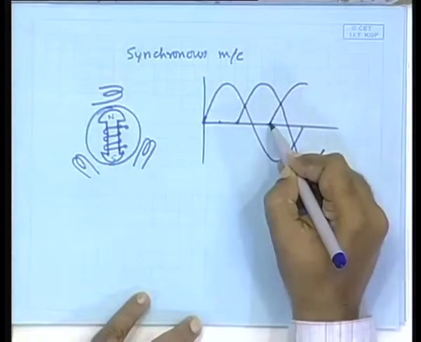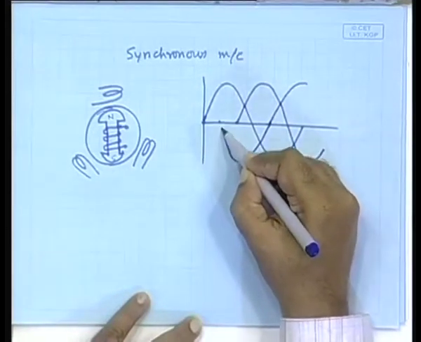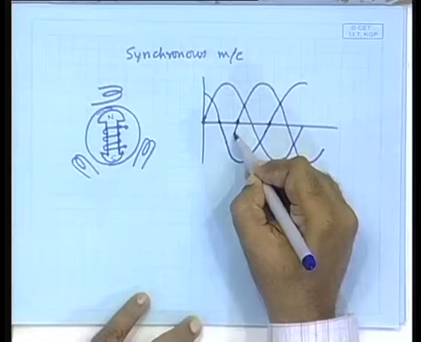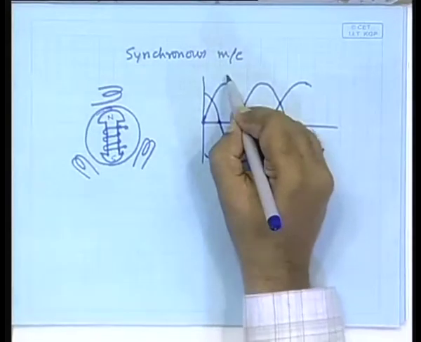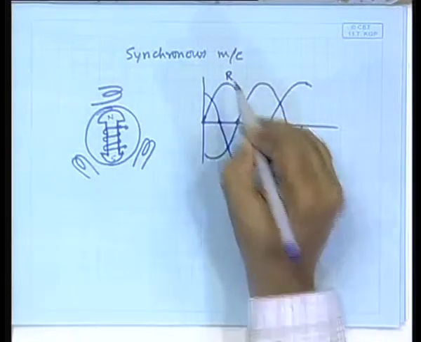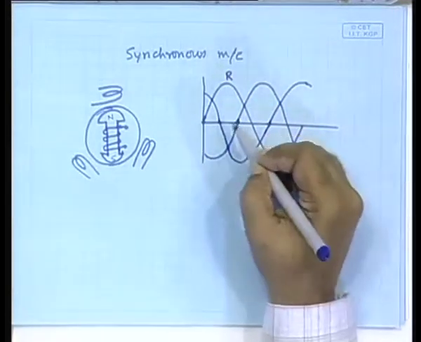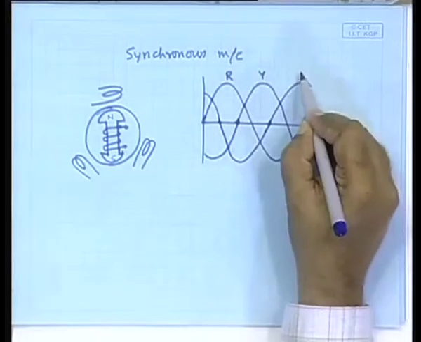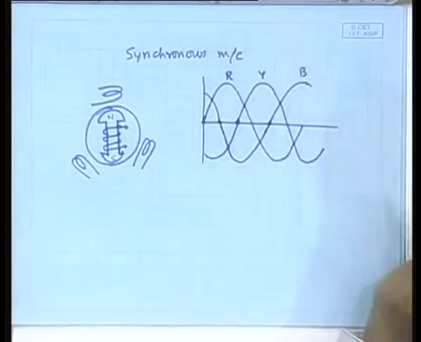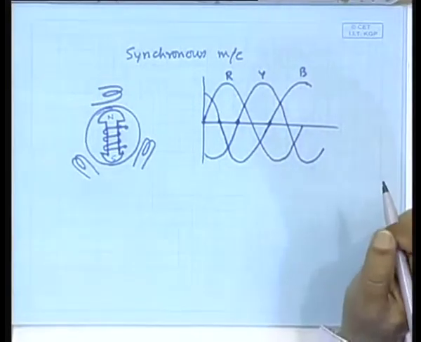So, it will be like this. The first one will be phase R, the second one will be phase Y, and the third one will be phase B. They are 120 degrees apart. That will be how the voltage will be generated.